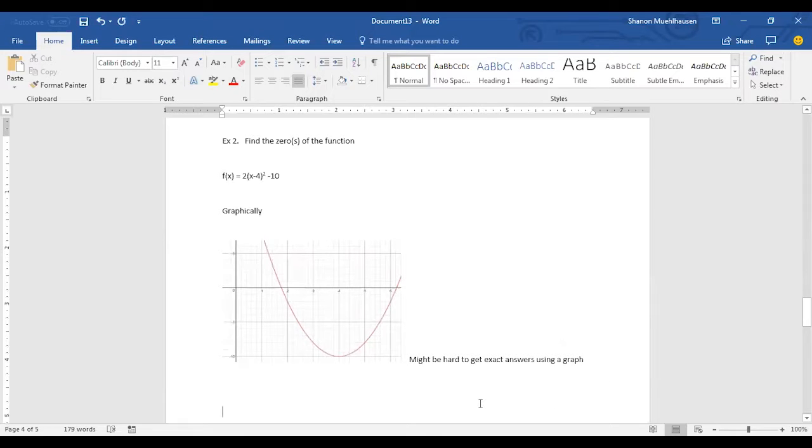And what I can see is that I have to do some approximating here. Notice my graph does cross that x-axis 2 times, and I do get 2 values for zeros.